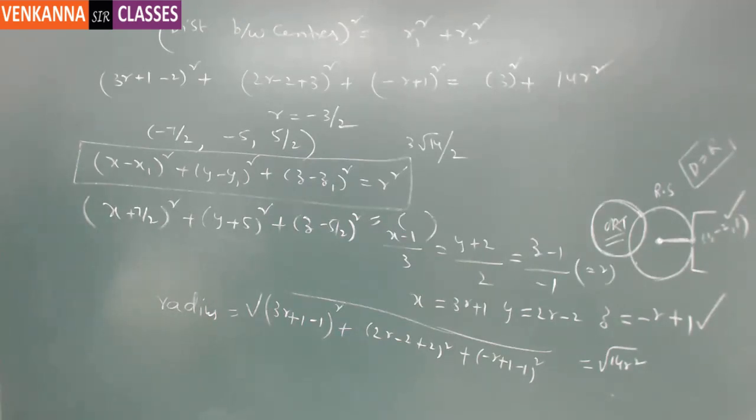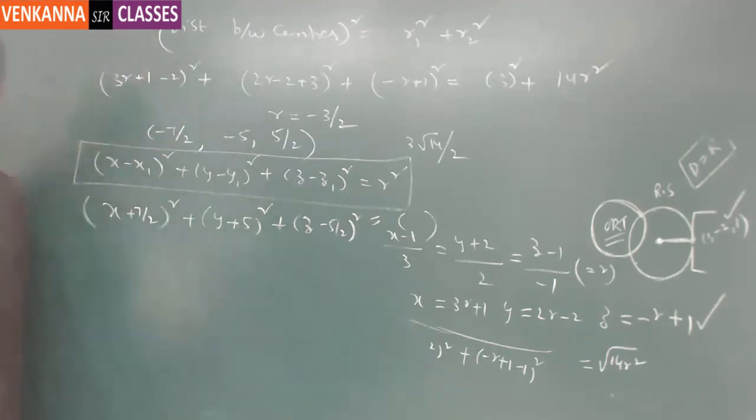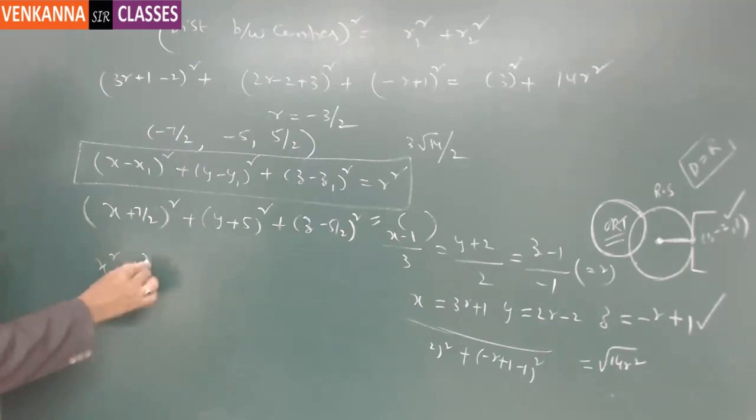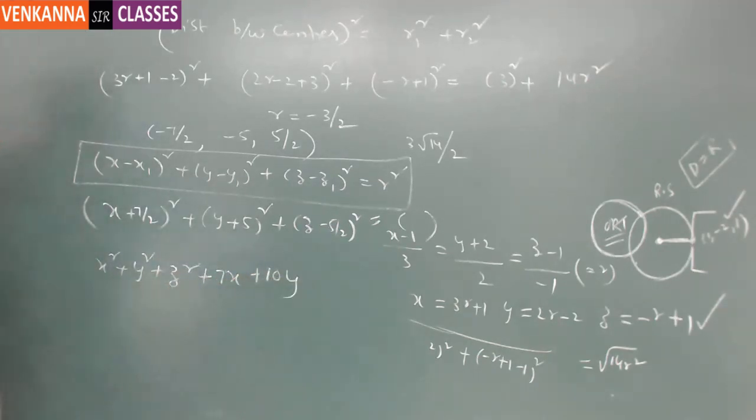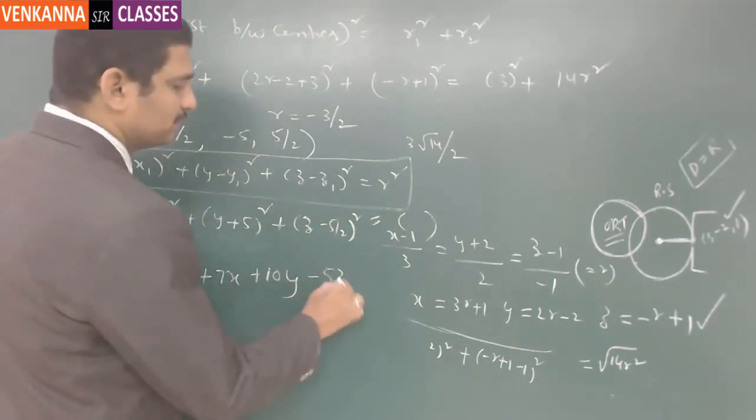So if you simplify the total thing, the resultant answer will come as x square plus y square plus z square plus 7x plus 10y minus 5z plus 12 equal to 0.